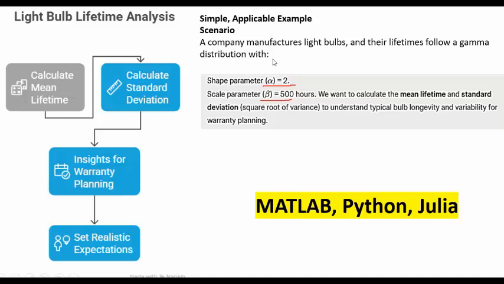Then we have two parameters: a shape parameter alpha, which for our example is 2, and the scale parameter beta, which is 500 hours.